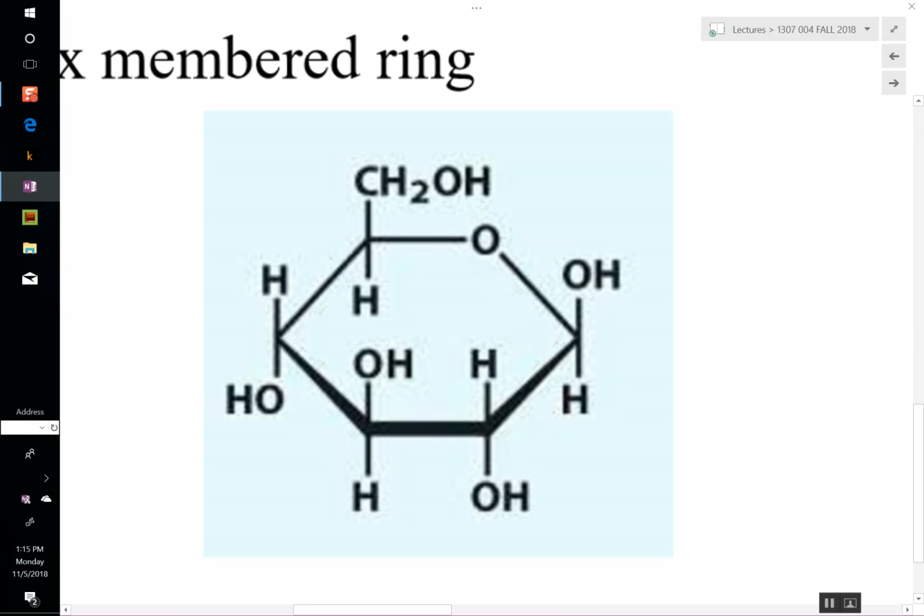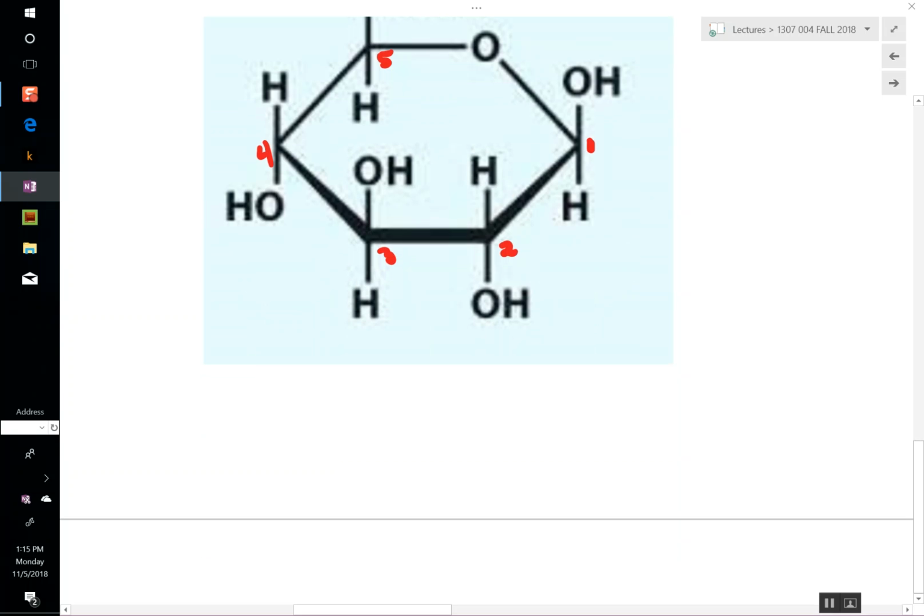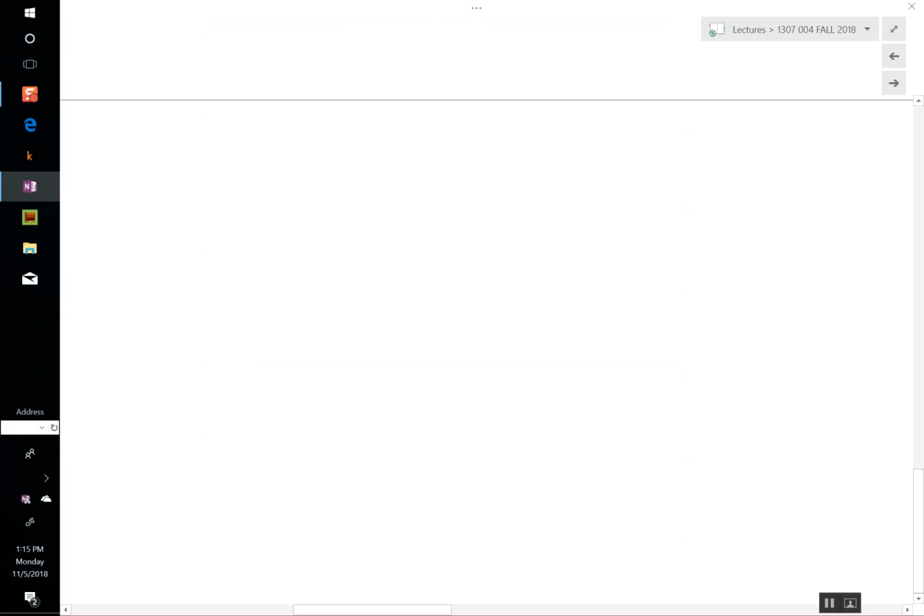Beautiful. See, there's carbon 1, 2, 3, 4. There's carbon number 5, and this is carbon number 6. Now I'm going to show you how to draw this. You can see the CH2OH group, that carbon number 6, is above this ring. Here's the way I like to think about it.